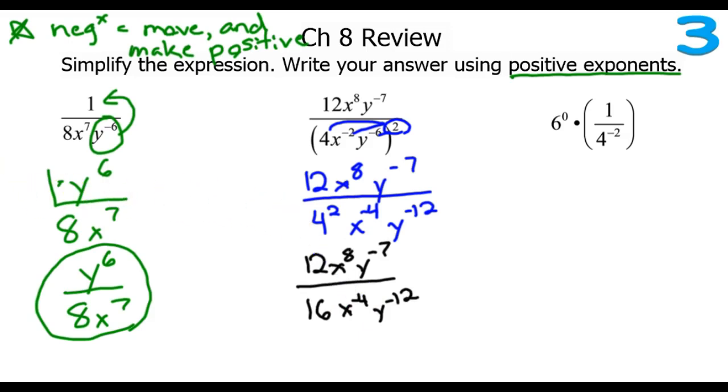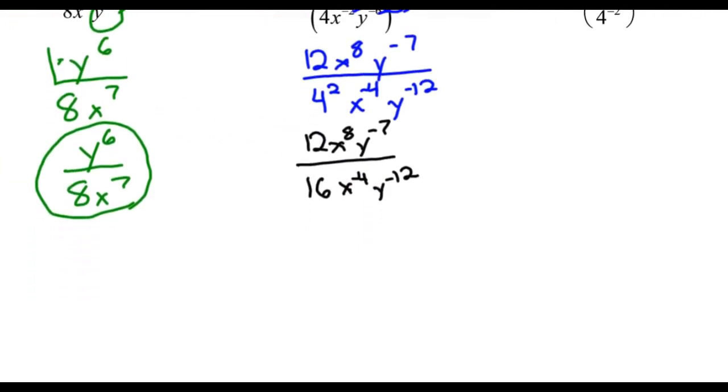Next, I'm looking for exponents. Do I have any negative exponents? Oh, I see I have a negative 7 here. So what I'm going to do is move that to the bottom. I also have a negative 4 and a negative 12 on the bottom. So I'm going to take that whole thing and move that to the top.